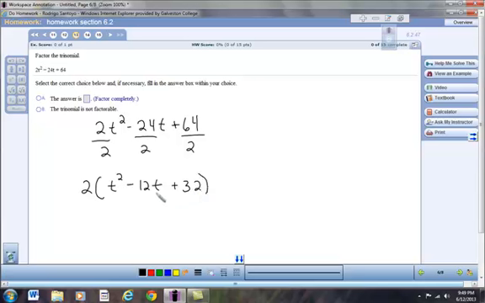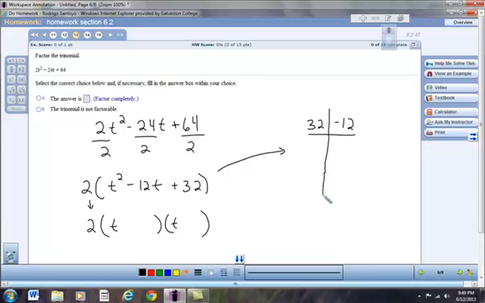Well, now this is nice because we see that this leading coefficient is 1. So now we'll be able to do what we've been doing with the previous problems. We know a t is going to go there, a t is going to go there, and let's make sure we bring down that 2. So now we can make our table with that part. We know we have a 32, and our middle term is negative 12.